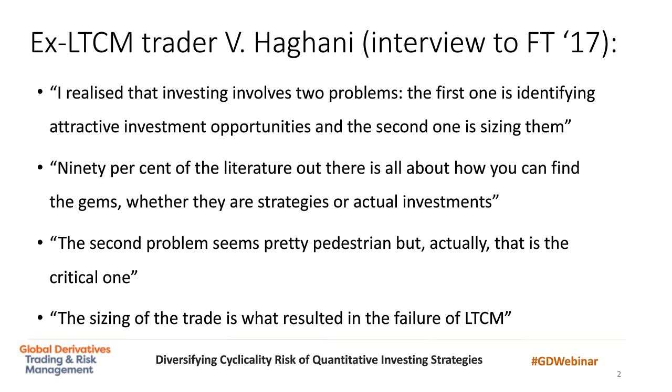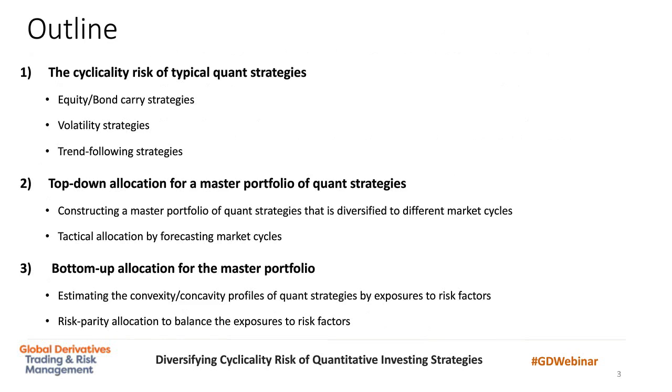Today I will mention very popular strategies. We consider equity bond carry strategies, volatility strategies, and trend following strategies. What we do is analyze the risk inherent to these strategies.